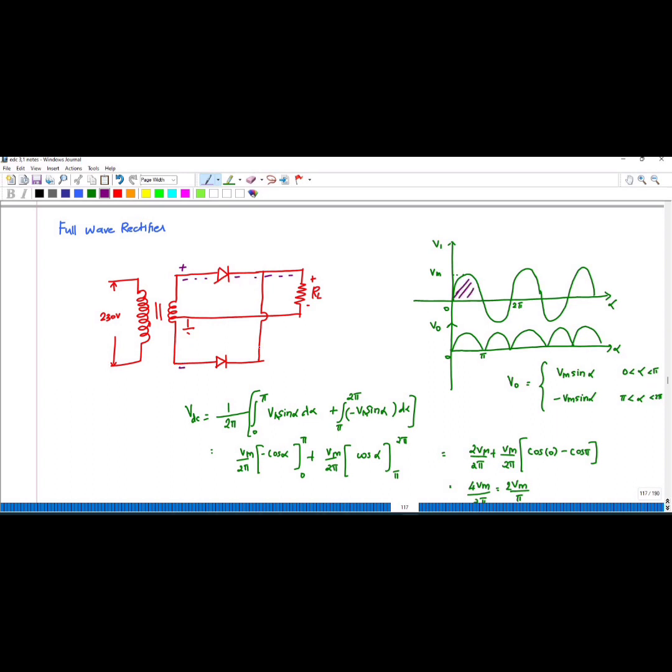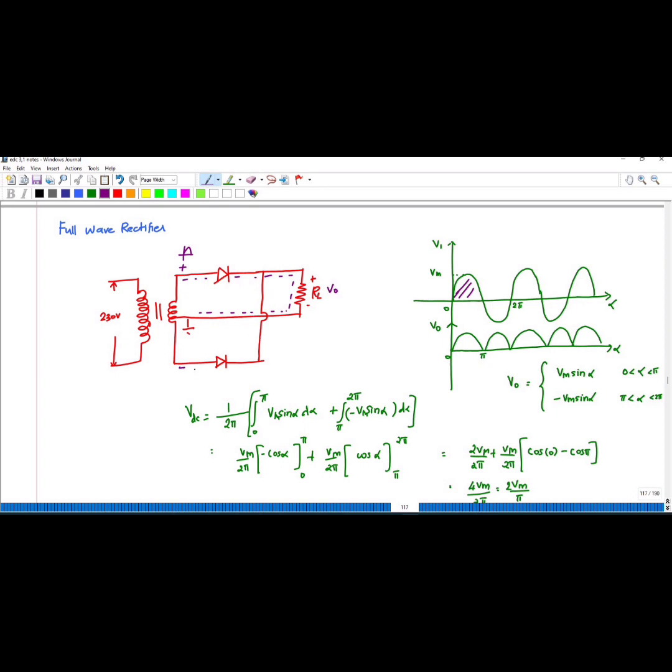So this is the signal. The diode becomes short circuit, and I'm getting the voltage. I'm taking the voltage across this one. This is your V0. The same signal will appear here.